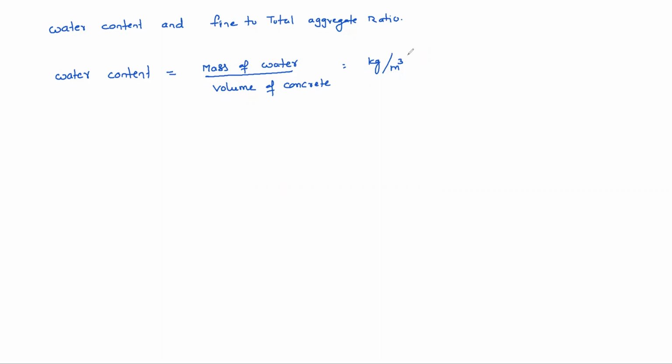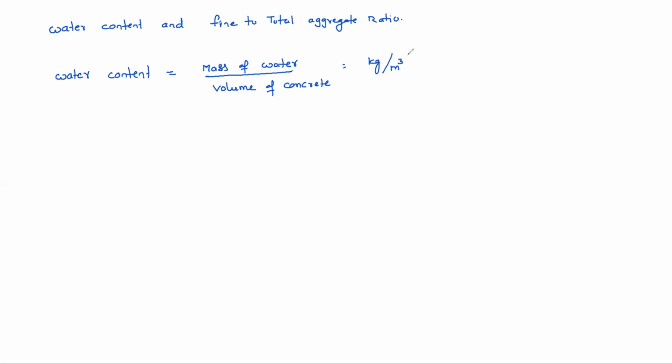One more thing, the maximum size of aggregate depends on the thickness of the element. Suppose slab thickness is 100 mm; aggregate size should not be more than 1/4 of the thickness. The gap between the reinforcement also needs to be considered.